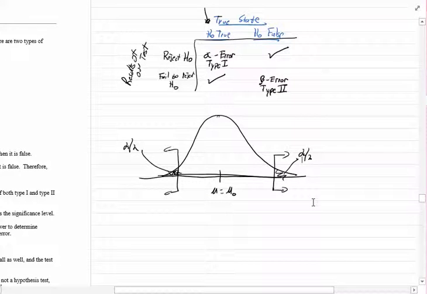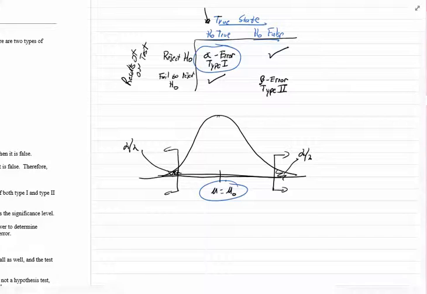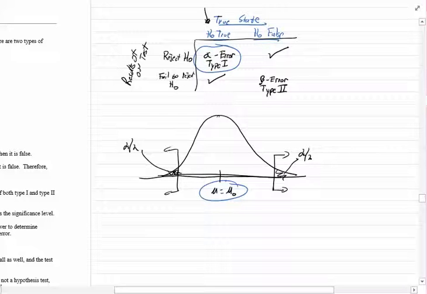And last time we said this error right here, the alpha error, is the null hypothesis is true, which means that distribution really and truly is centered about that spot right there. And when we sample our data, we get an X bar that yields a T value either here or here in the rejection region.